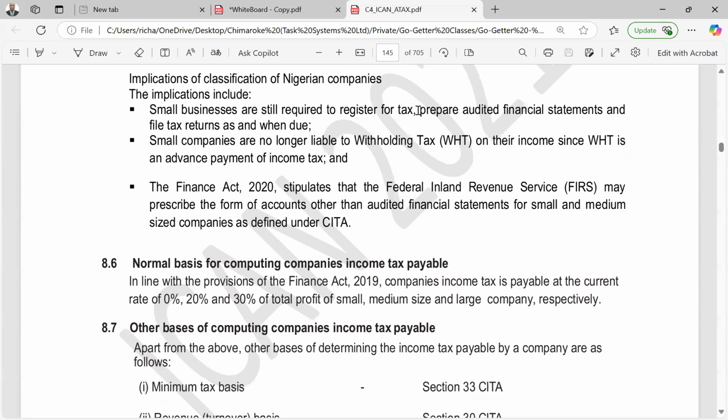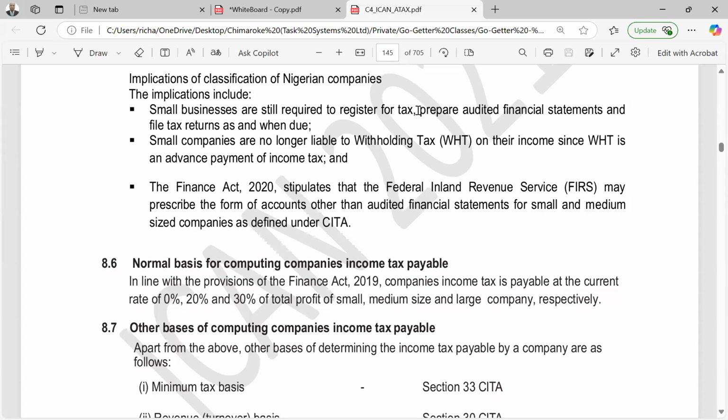So from Finance Act 2020, the FIRS may prescribe the form of accounts other than audited statements for small and medium sized companies. So it means that small companies that are not paying taxes are not even obliged to hire an auditor. And so FIRS say, okay, instead of submitting audited statements, look at how you submit your statement that will be acceptable.